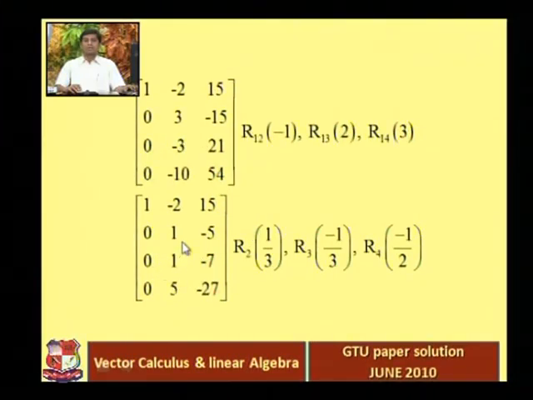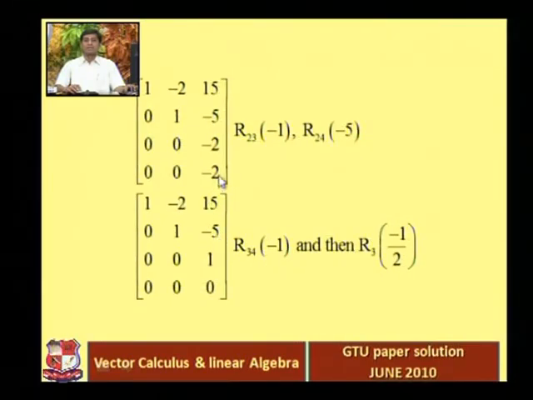So 5 minus 5, that is 0, and minus 27 plus 25, because minus 5 into minus 5 is plus 25, so that is minus 2. Okay, so here is the matrix: 1 minus 2 15, 0 1 minus 5, 0 0 minus 2 and 0 0 minus 2. Third and fourth rows are the same.